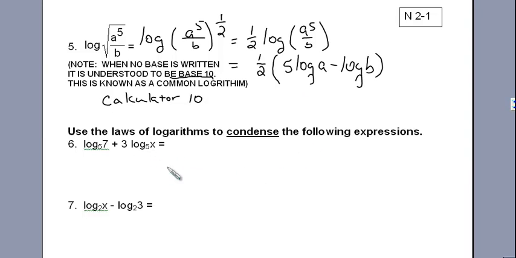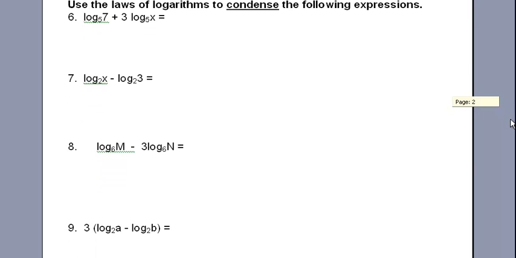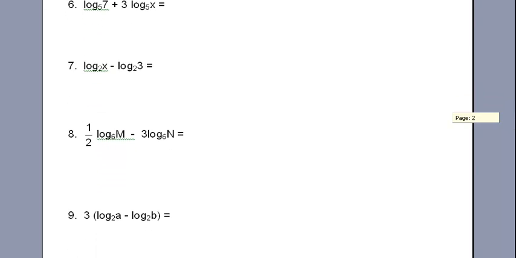Alright, in this next section, I'm going to go ahead and pull this up, we're going to go the other direction. We're going to condense the logarithms, or compress them. I'm going to move this up. We've got several examples here. We're going to go back from more than one log to just one log expression.